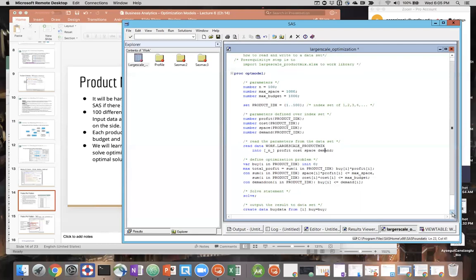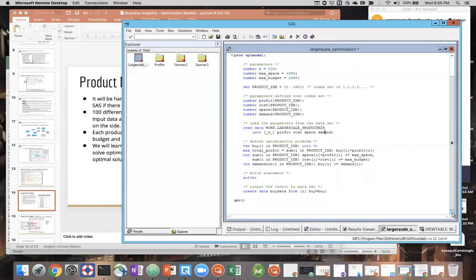Once you define the parameters, the next three things are the decision variables, objective function, and the constraints. So basically we are going to define these three things. Here, the decision variable, I call it buy. This tells you how many units of the item we are going to buy.